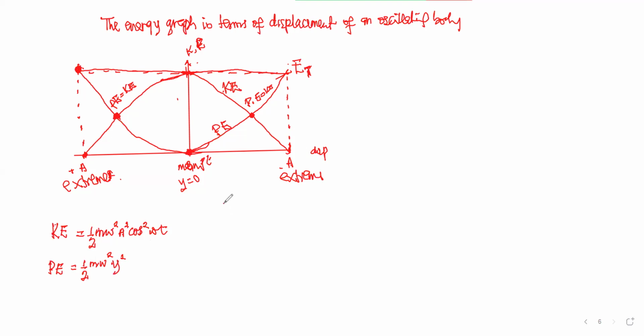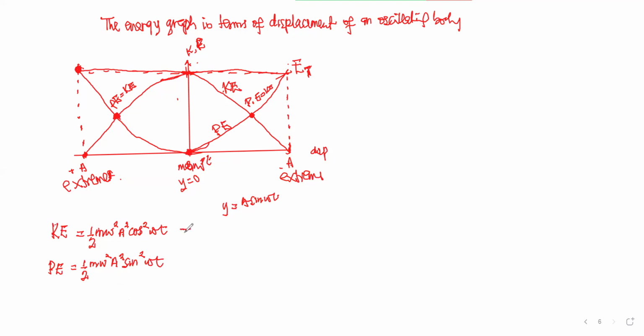But because y is equal to A sine omega t, let's substitute this to have potential energy in terms of time. So A squared sine squared omega t.